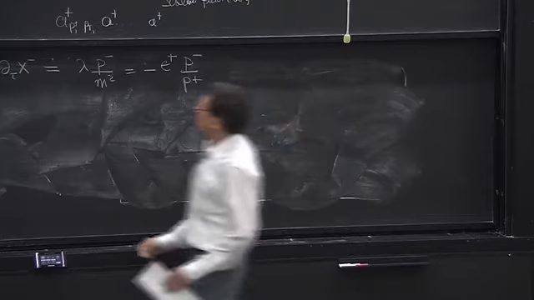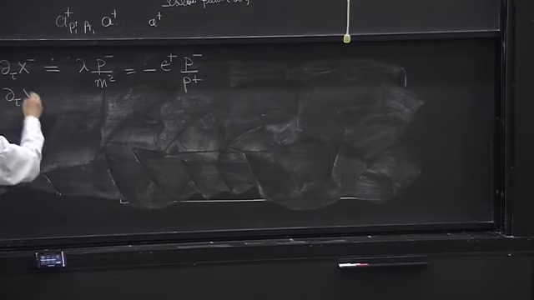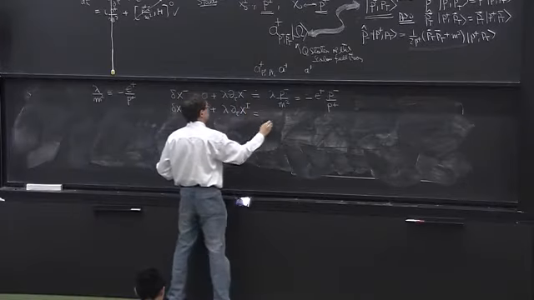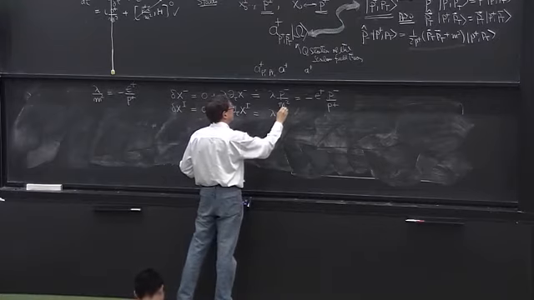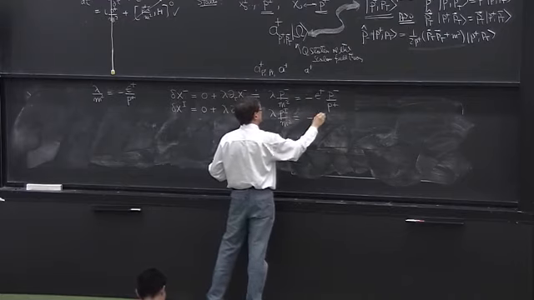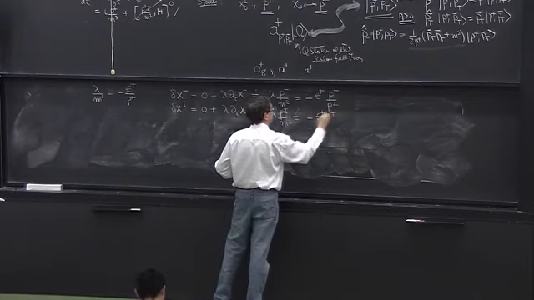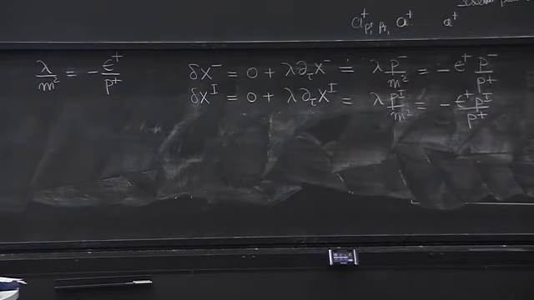Similarly, for δξ, it wouldn't translate it, but the reparameterization still holds, ∂_τ ξ, so this should be λ. ∂_τ ξ is π over m², so you get minus ε⁺ π over p⁺, which is the other one.